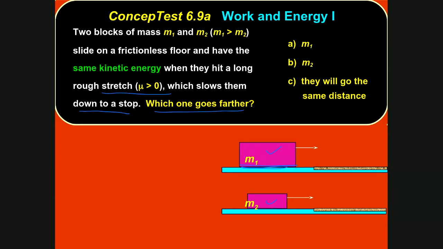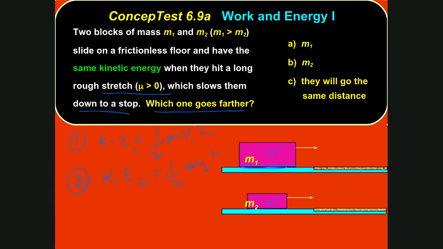With the same kinetic energy, mass 1 has KE as 1 by 2 m1 v1 squared, and mass 2 has the same energy, 1 by 2 m2 v2 squared. So which one will go farther?